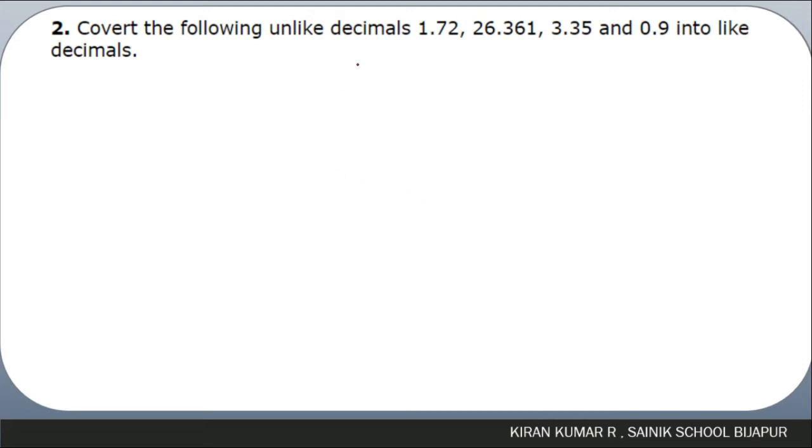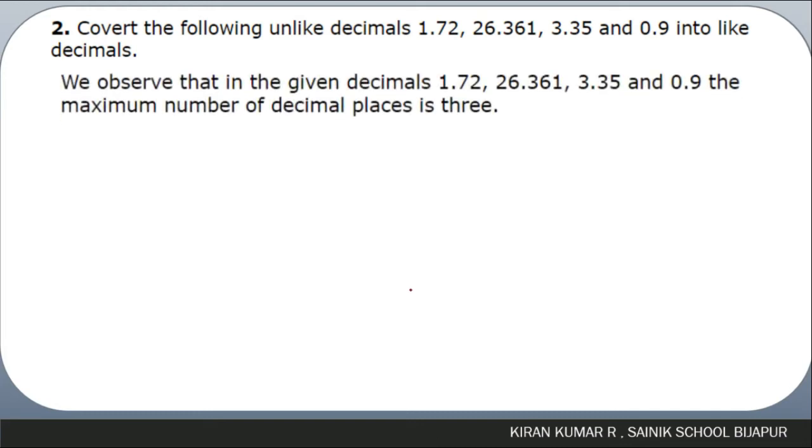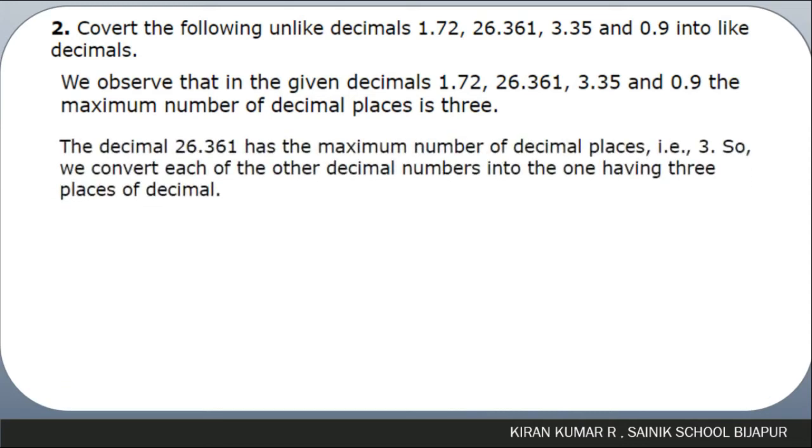Convert the following unlike decimals into like decimals. Here count the number of decimal places. The maximum is 3 again. Now observe, 26.361 has the maximum decimal places, that is 3.